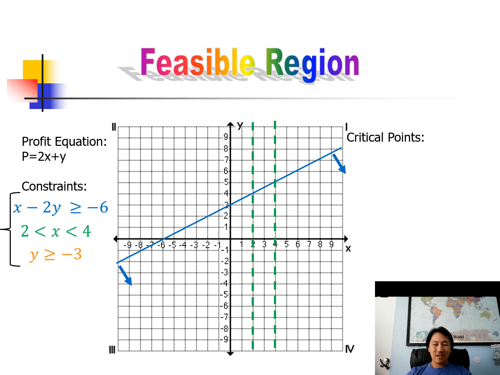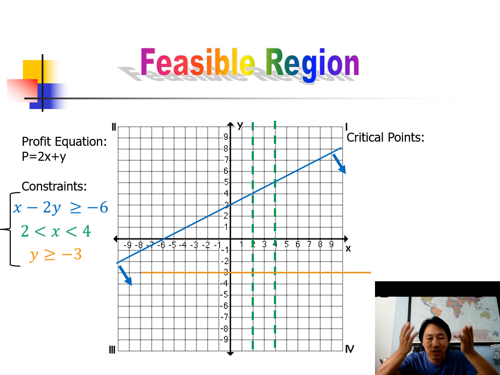And then finally our orange region, y is greater than or equal to -3. Remember, y equals graphs are horizontal. So y is greater than or equal to -3. When you plug in that line, you get that. But now we're going to test it.